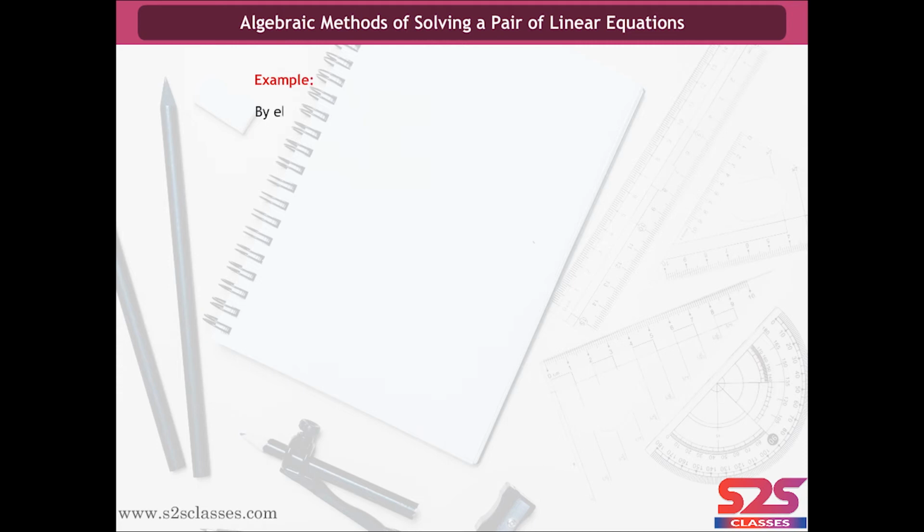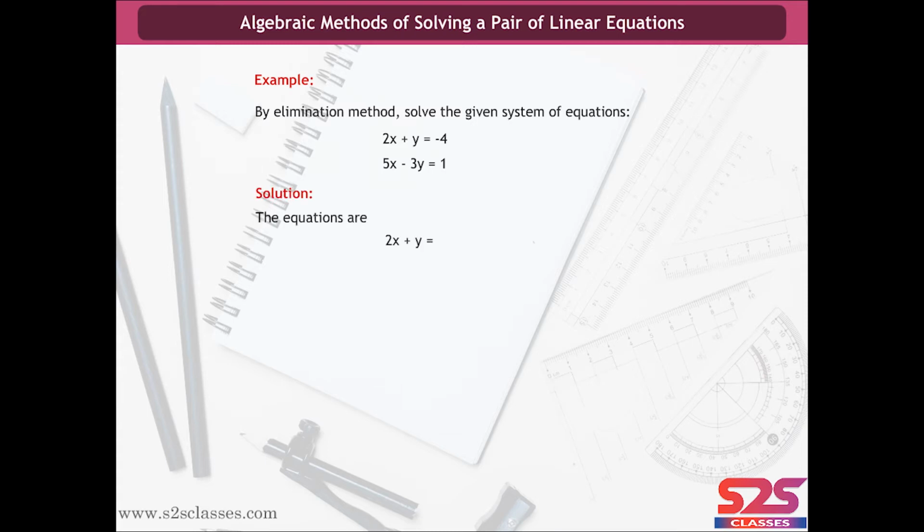Example. By the method of elimination, solve the given system of equations: 2x + y = -4 and 5x - 3y = 1. Solution. The equations are 2x + y = -4, let it be equation 1, and 5x - 3y = 1, let it be equation 2.